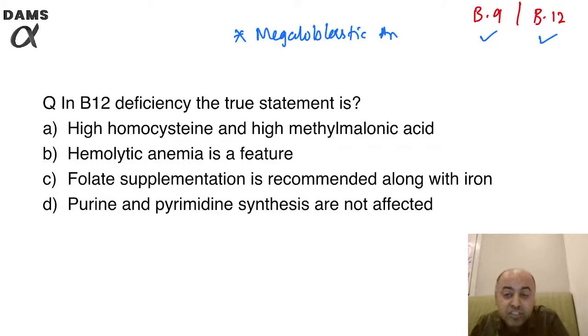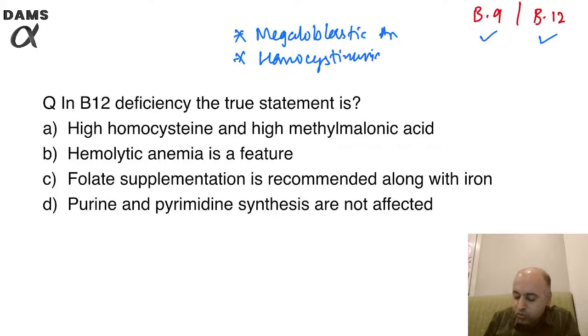Why? When B12 deficiency is there, there will be folate trap. Folate trap will cause megaloblastic anemia. Then you have homocystinuria. Again, homocystinuria is seen in B9 and therefore it is seen in B12, because in B12 again you will have the folate trap. So all the features of B9 deficiency will be there in B12 deficiency as well.